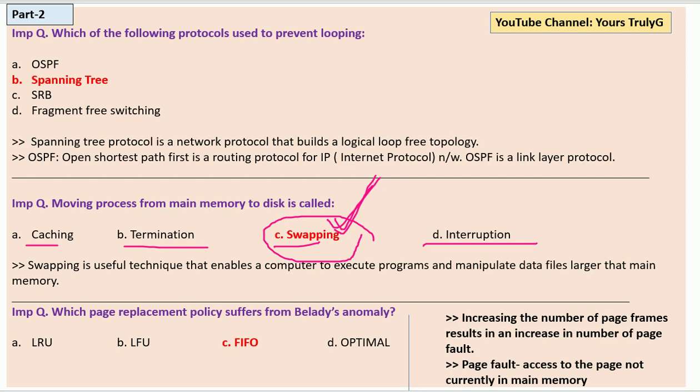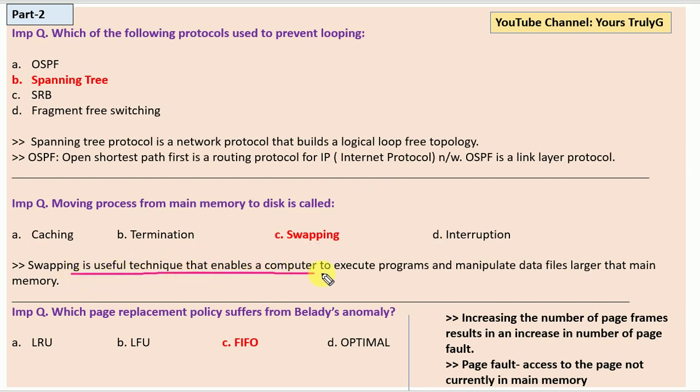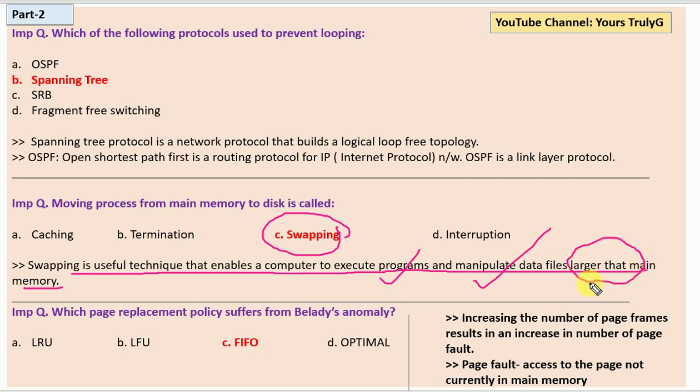What is swapping? I have written that swapping is a useful technique that enables a computer to execute programs and manipulate data files larger than the main memory. With the help of swapping, you can execute programs and data files larger than the available memory. That is the main benefit of swapping.